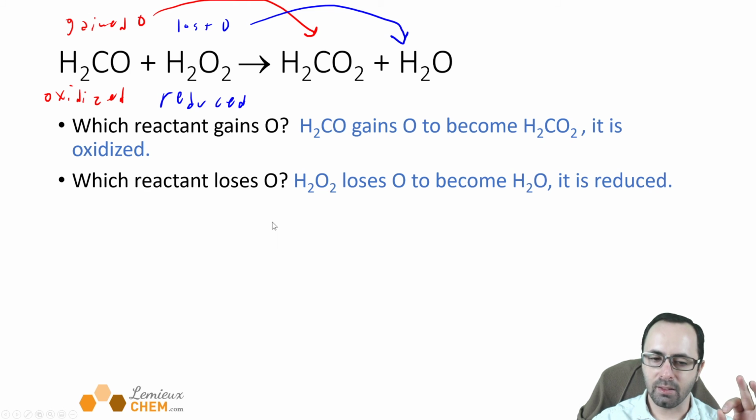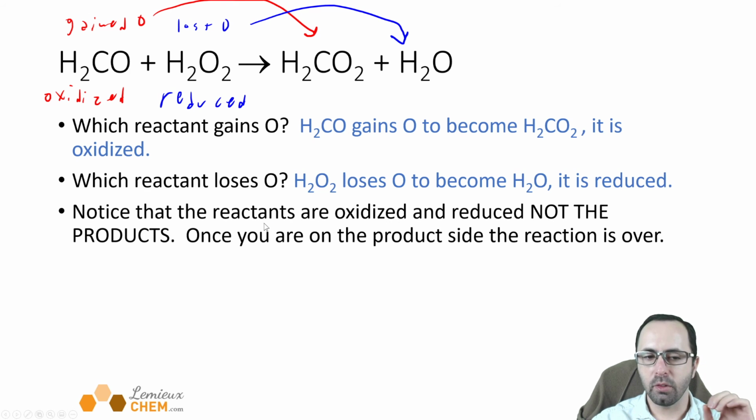Notice which reactant. The terms oxidized and reduced only apply to reactants. This is important. When I give you a multiple choice question about this on a quiz or a test, I'm going to give you 4 choices. You can immediately eliminate the products.